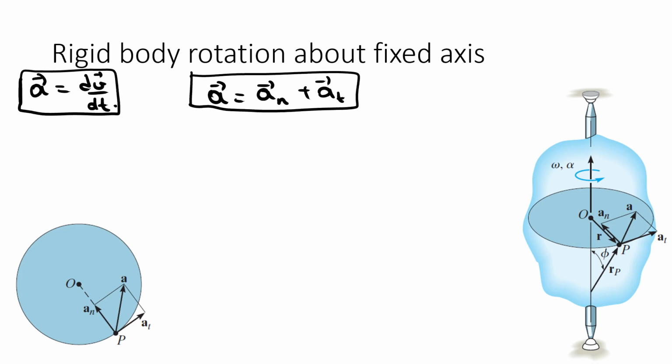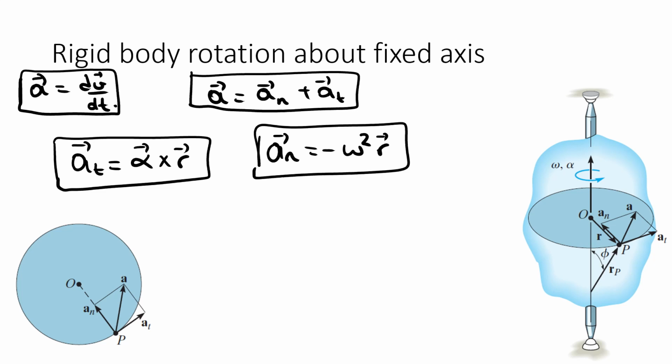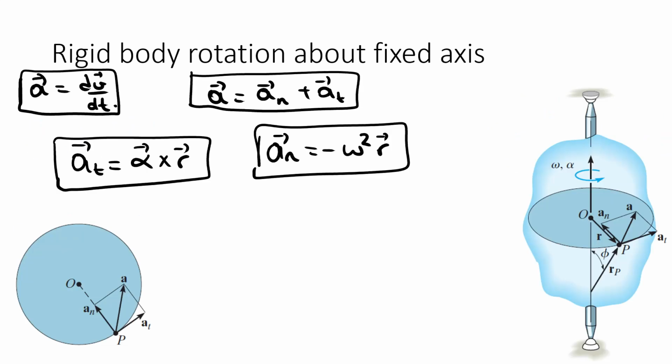The tangential acceleration is equal to alpha crossed with r, and the normal acceleration is negative omega squared r. These are the main formulas that we will see for a rigid body rotation about a fixed axis.